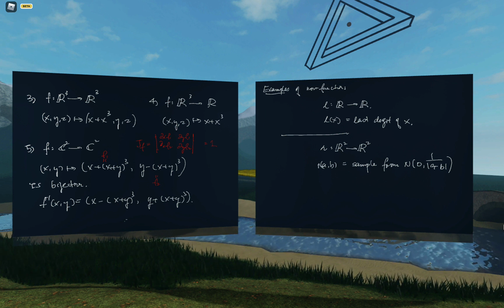We're not going to be looking so much at maps between high dimensional things, but these examples show you that maps between these high dimensional spaces, R3, C2, if you can write them down algebraically, should have components that are also polynomial functions. So polynomial functions are building blocks for maps between even higher dimensional geometrical objects.